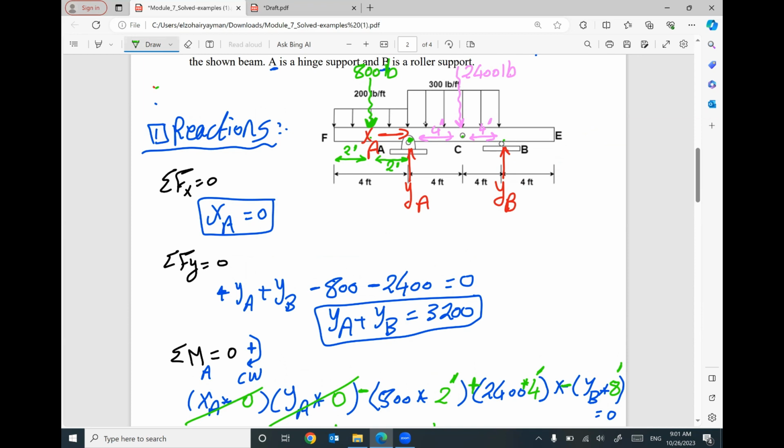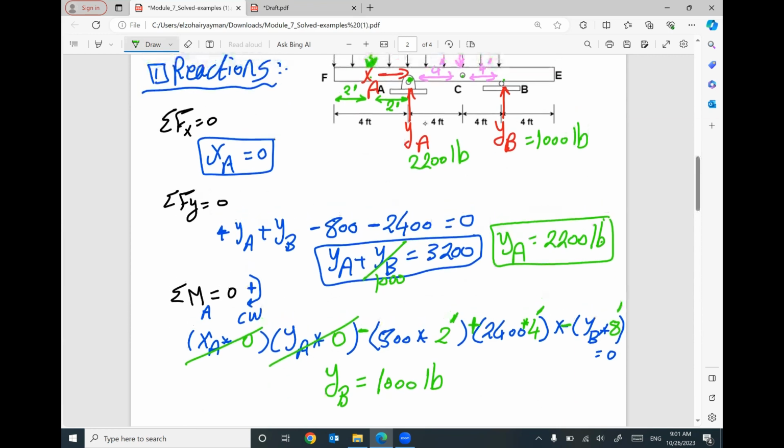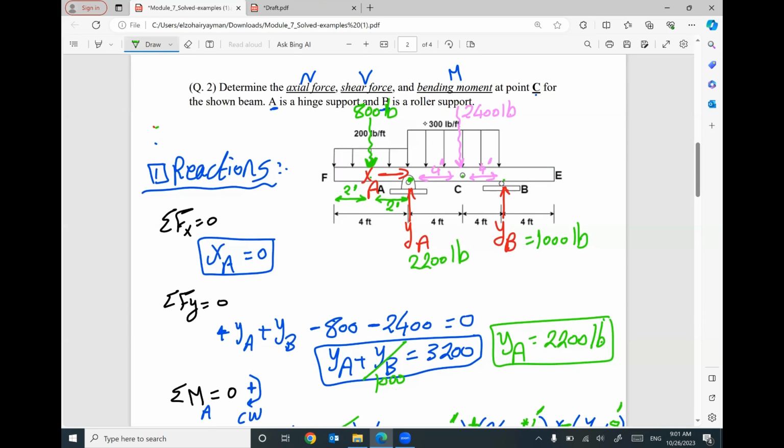Yes, 1000. So this reaction equal 1000 pound. If you put YB here 1000, the value of YA will be 2200. These are your reactions, YB, YA, and XA. XA equal 0.